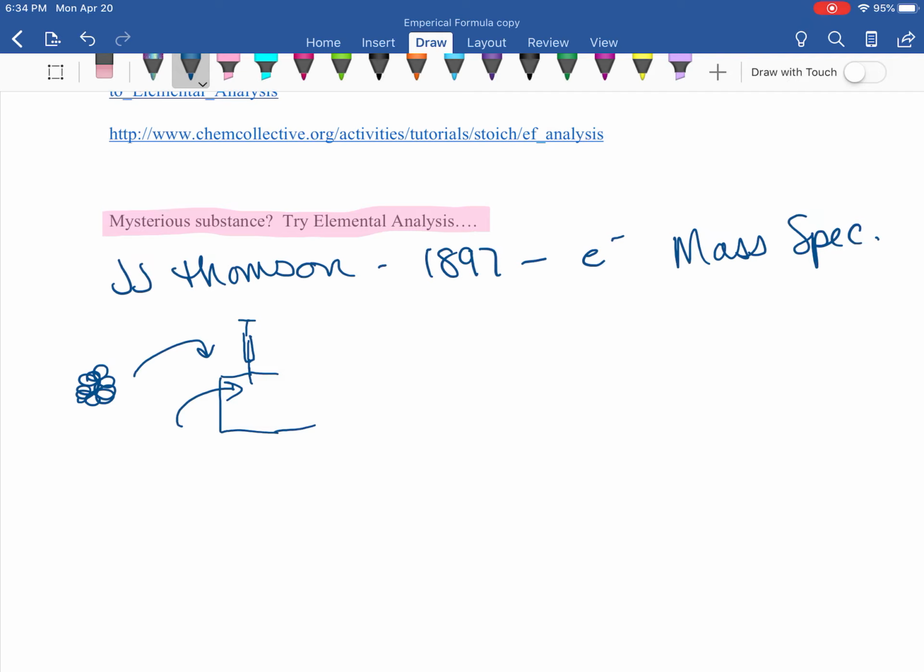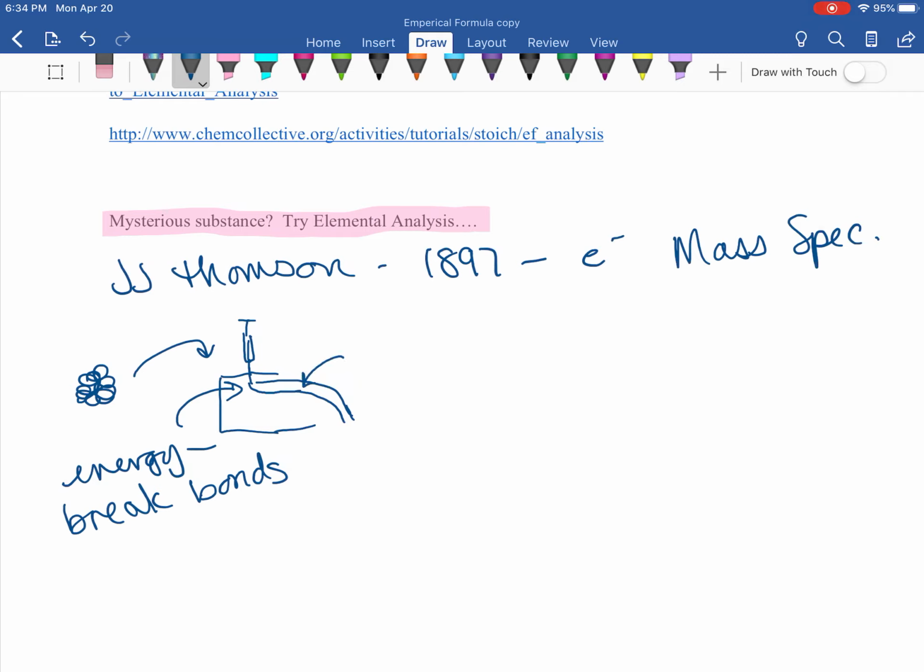You can do all kinds of things. You can do flame ionization detection. There's all kinds of instrumentation that will help you along this process. Back in the day, they would just nail it with a whole bunch of energy, whatever that energy source is. And our goal is to break all those bonds. So if you've got any bonds in that substance, you're going to just nail them with energy and break all those bonds. And then you get your substance to travel.